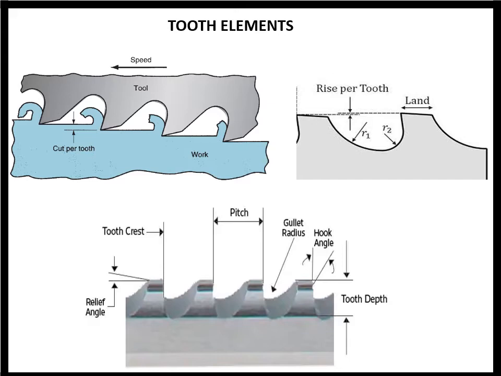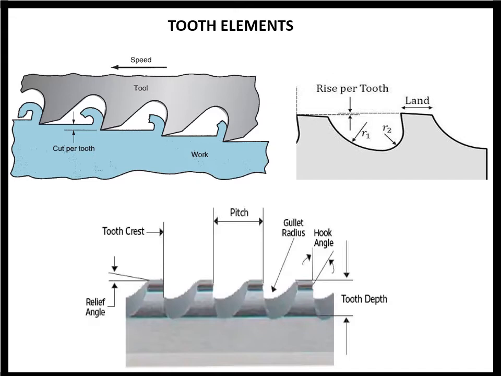Now this slide gives you a clear picture of various tooth elements. At the top corner you can see the picture where the work is in blue color, the direction of the motion of the tool, and the term cut per tooth. The term cut per tooth and rise per tooth are similar.